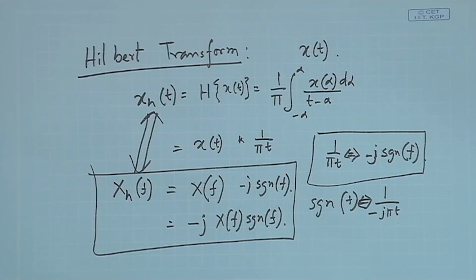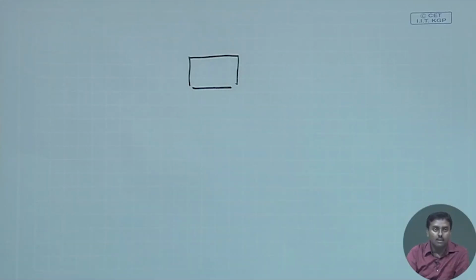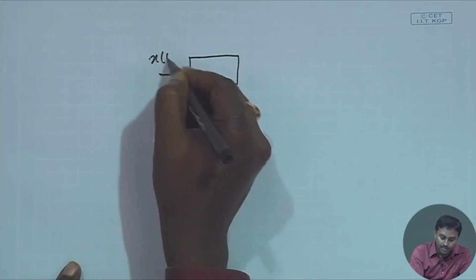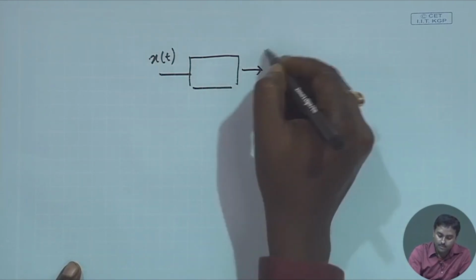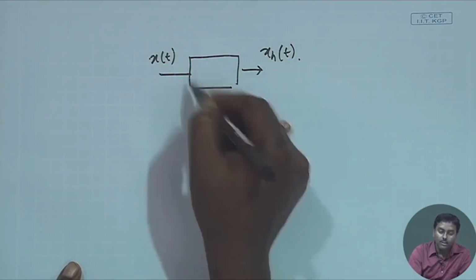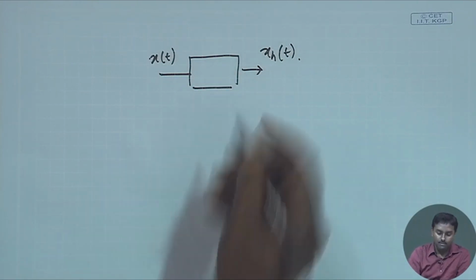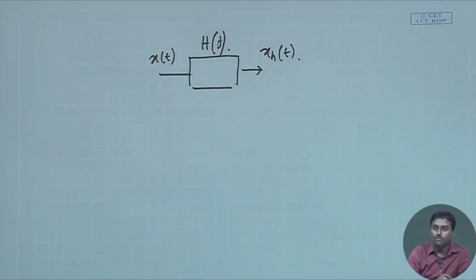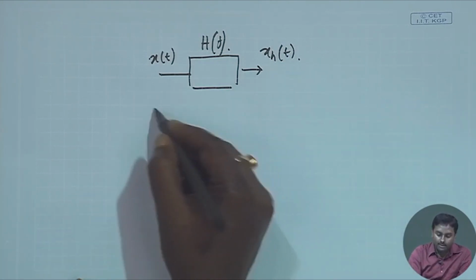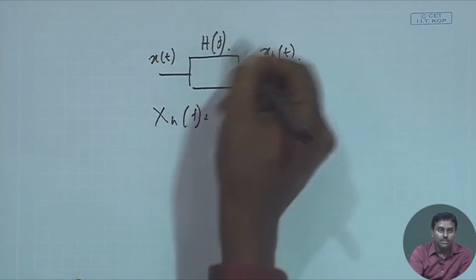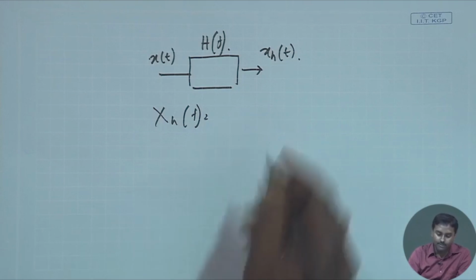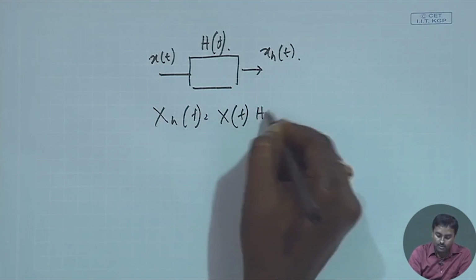So, if I pass a signal through a Hilbert transform circuitry, suppose this is my Hilbert transform circuitry, and I pass x(t) through it, I will get xh(t). Now I want the characteristics of this, that is, the transfer function H(f). I know that Xh(f) is X(f) into H(f).